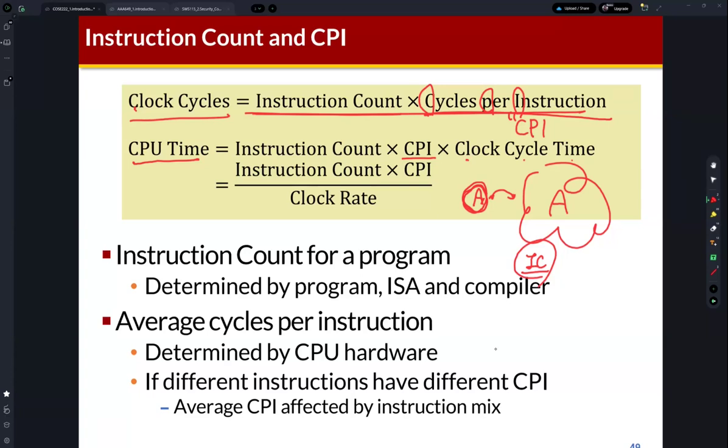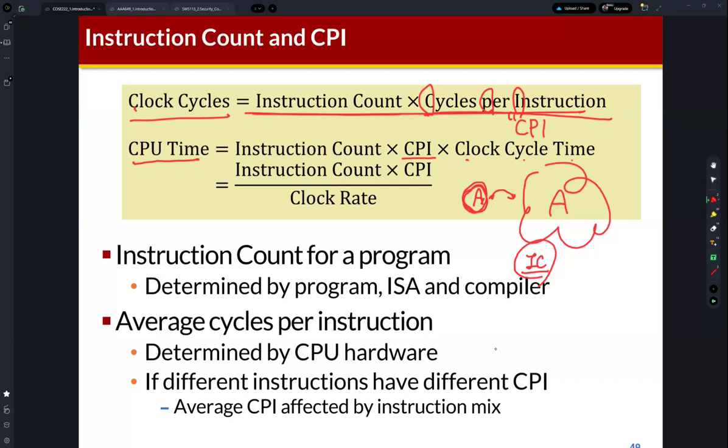We just assume. It is because a certain instruction is complex, but a certain instruction is simple.